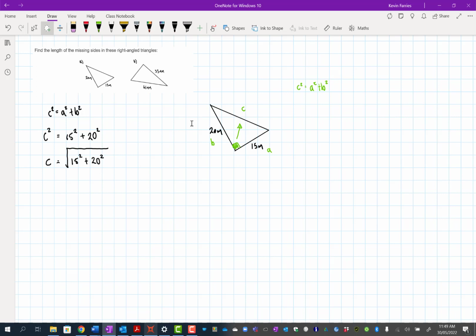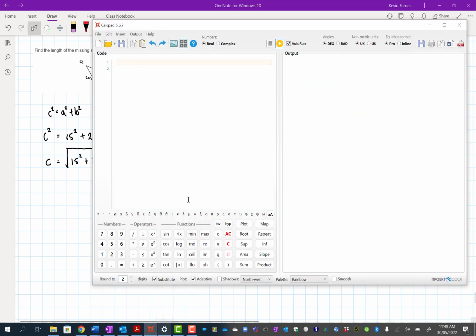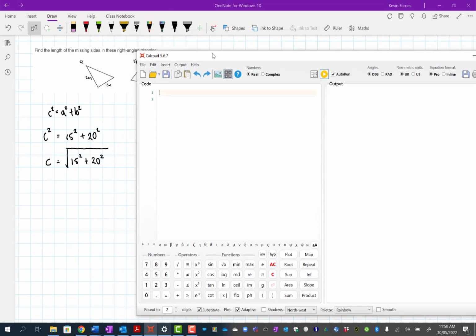Okay, put that in the calculator or your calc pad or whatever you're using. So we want to find the square root of 15 squared plus 20 squared.